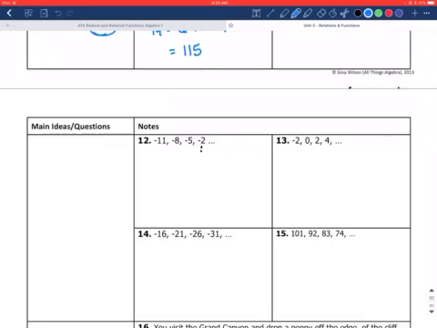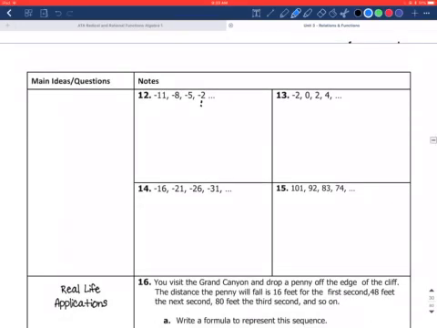Let's find one where our common difference is negative. Let's do this one, number 14. So we are decreasing by 5 every time, right? So our common difference is negative 5. And then our first term is a negative 16. So to set this up, we need a sub n.